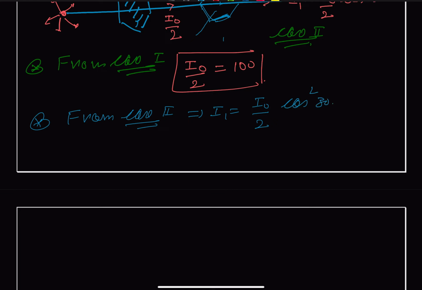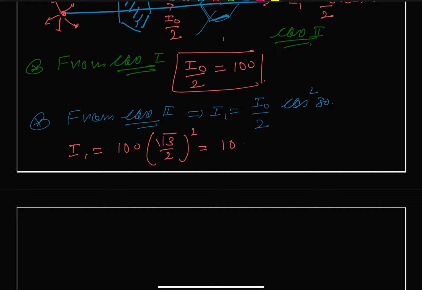I naught by 2 is 100, so we substitute the value, we get I1 is equal to 100 times cos 30, which is square root 3 by 2, whole square.